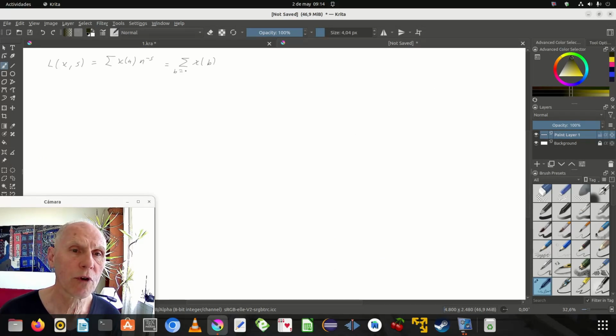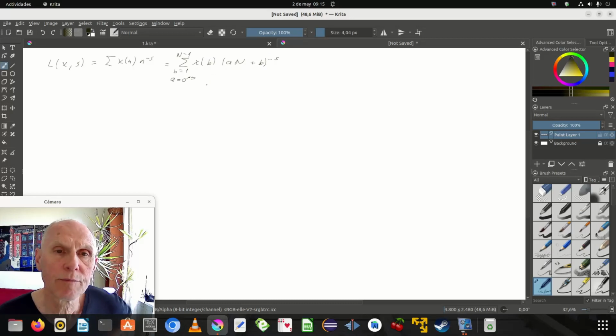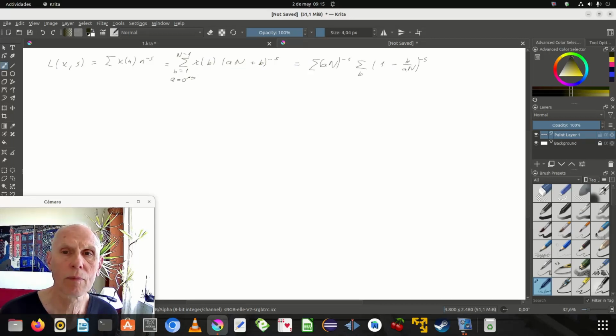So b goes from 1 to n minus 1, and then a from 0 to infinity, and we put an outside. 1 divided by an, we can just call it epsilon when we analyze the function.